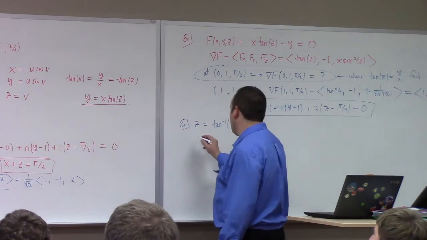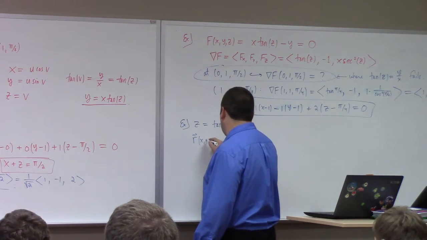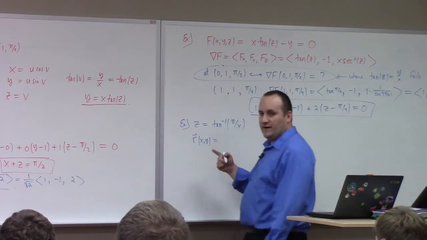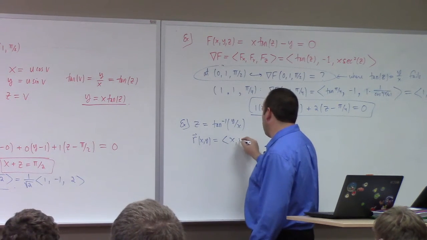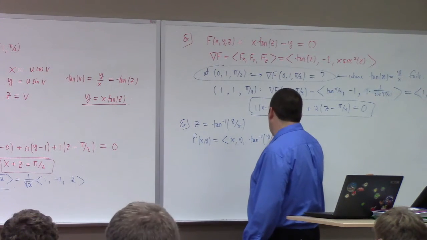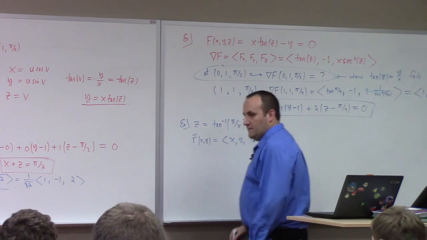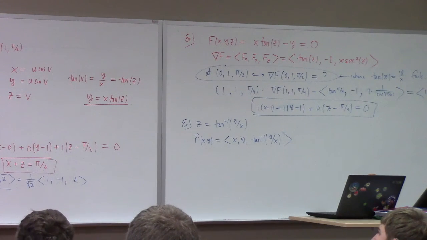So the so-called Monge patch r of x, y, if you use x and y as parameters, which is really what you're doing with a graph, then the parameterization would be x comma y comma inverse tangent of y over x. That's another parameterization of this surface, which is essentially the graph.